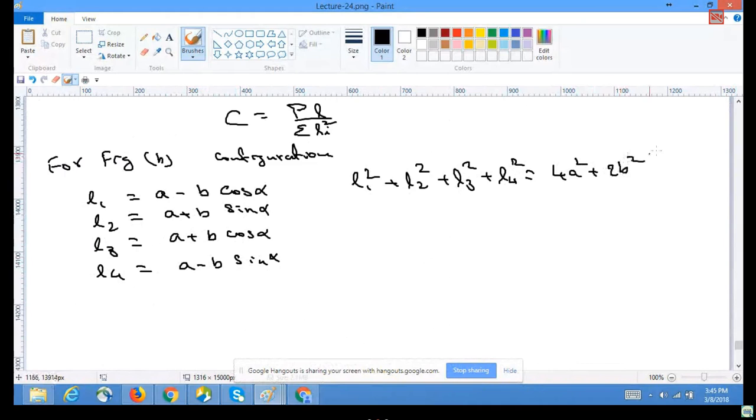So that is a good sign, and accordingly our resistant forces would be PL into A minus B cos alpha divided by 2 times, so I take 2 common from these, 2A square plus B square.